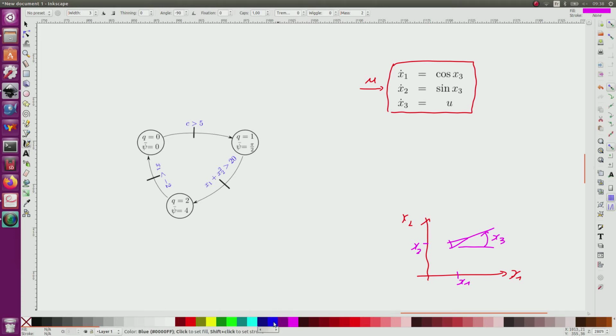Now I have a desired heading. This desired heading could be, for instance, this one, called psi bar.